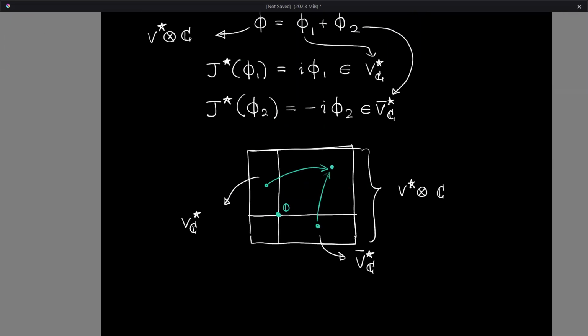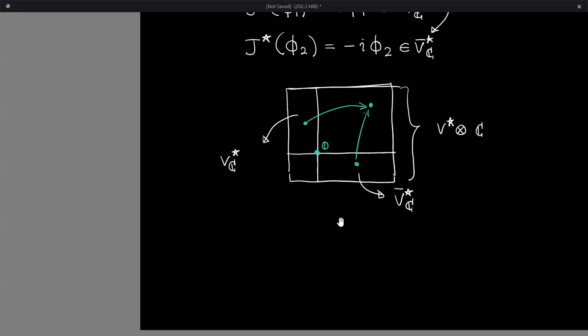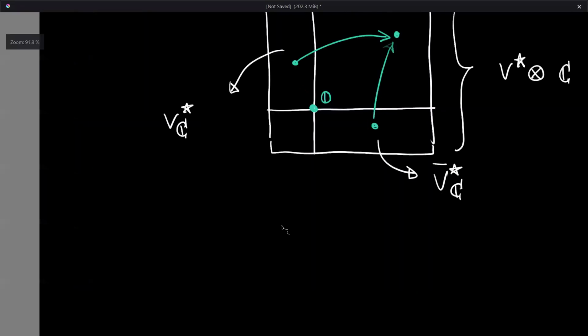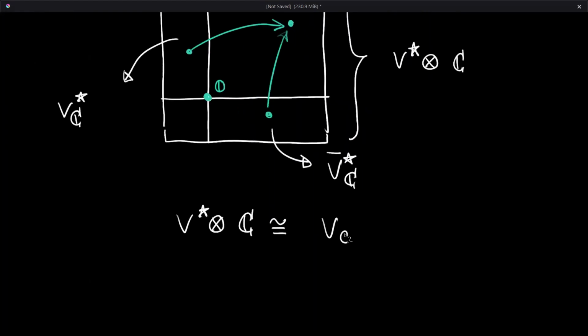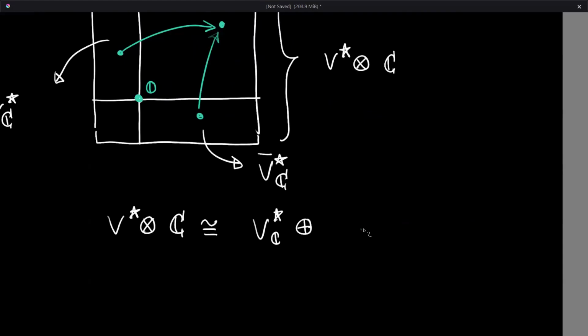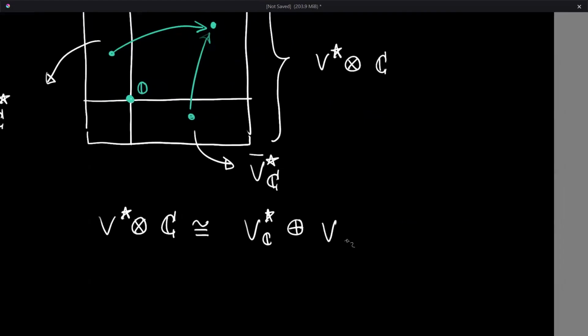So what does J star look like in this basis? First of all, let's write this out. V star cross C is isomorphic to VC star direct sum with VC bar star.